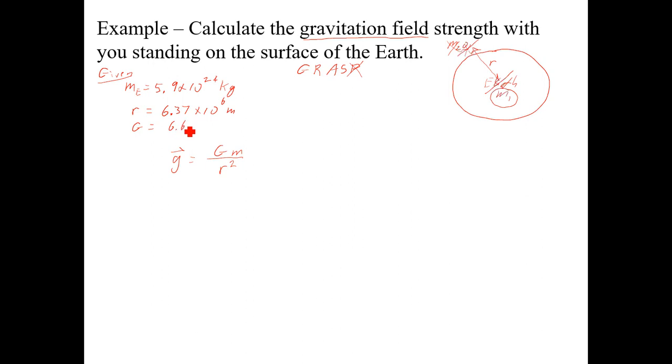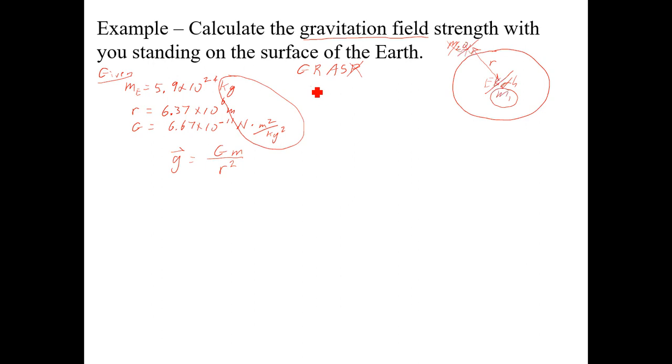So it is the 6.67 times 10. Don't make a mistake here. It is negative 11. And the units are newtons times meters squared per kilogram squared. So we'll see in a minute why I always have you write down all of the units and the reason for that. So now we have the given information.